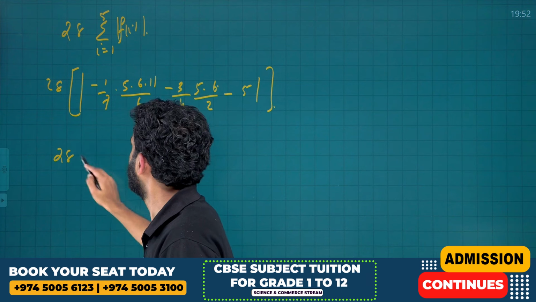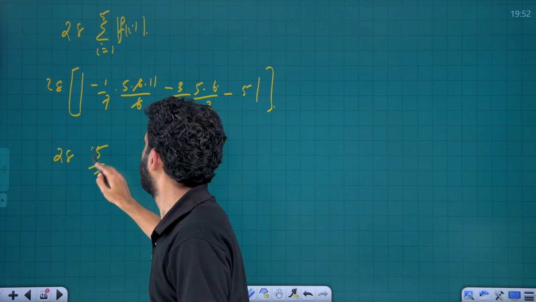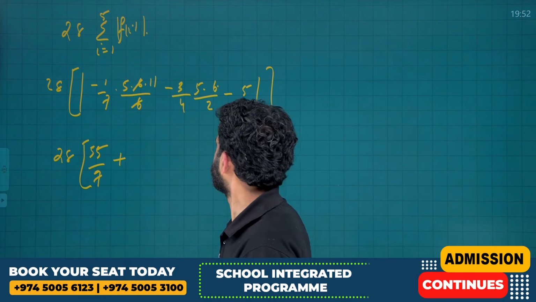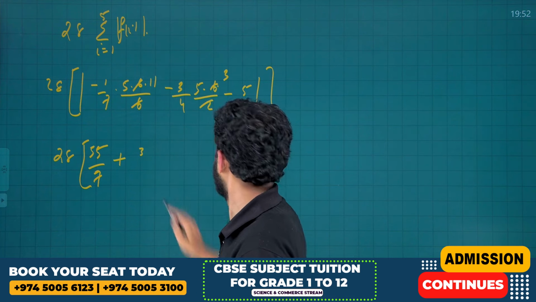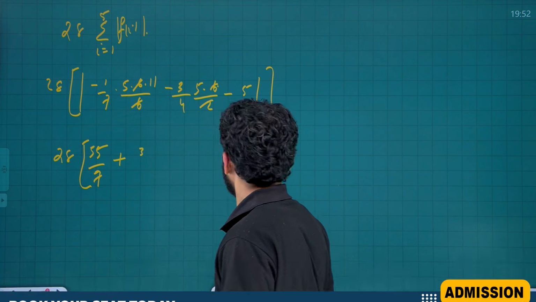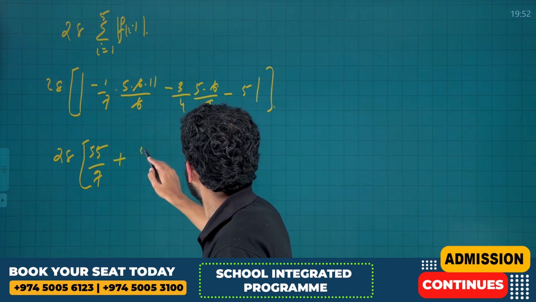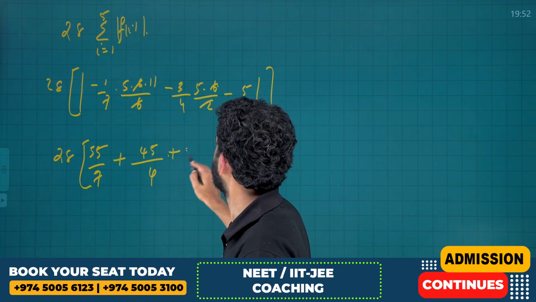That is 28 into, this will be 55 by 7, right? 55 by 7 plus this will be 3 by 4, this will get cancelled, 9, 45, that is 45 by 4 and plus 5, okay.